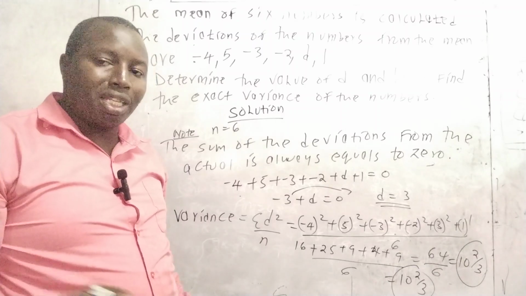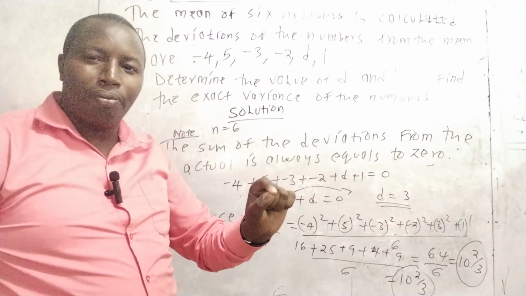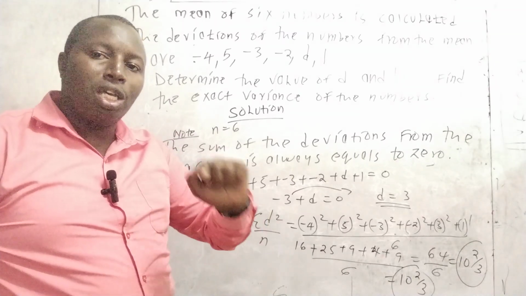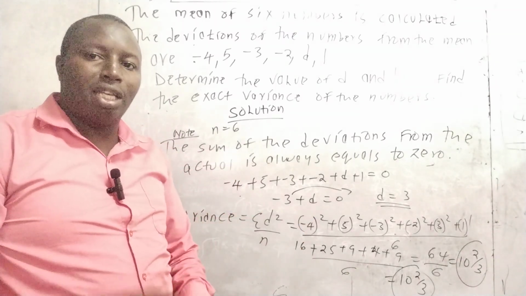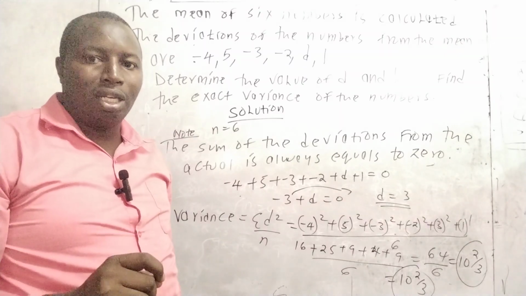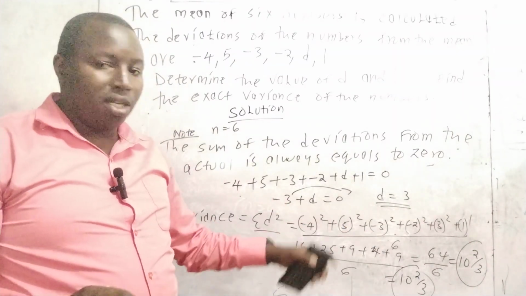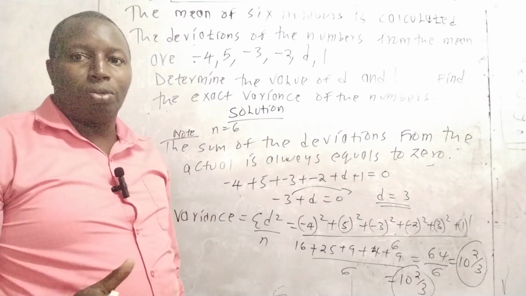The sum of the deviations from the actual mean is always equal to 0. Then, when you want to get the variance, you square the deviations directly, then divide by the number of values, n, which is 6 in this case. And then you get your variance as 10 2/3. So that's how you get it.